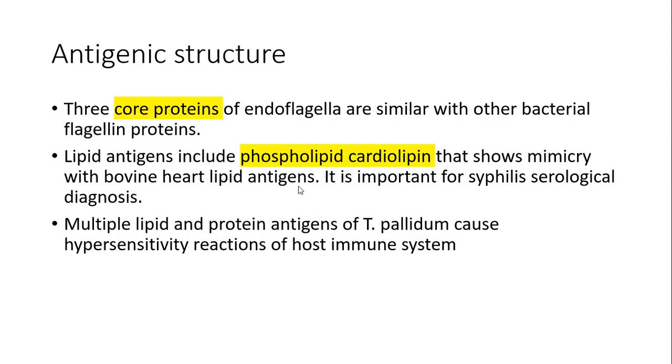So you should notice that the lipid antigen of Treponema is very similar to the lipid of the eukaryotic cell, especially to the cell of bovine heart. Multiple lipid and protein antigens of Treponema pallidum cause a hypersensitivity reaction of the host immune system.